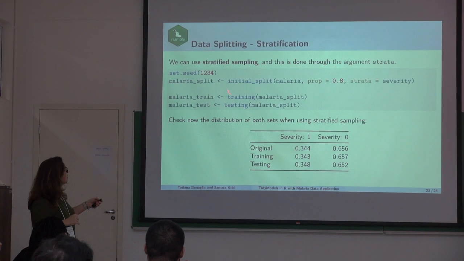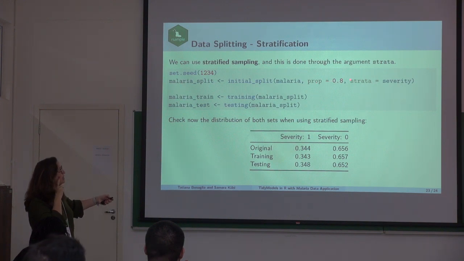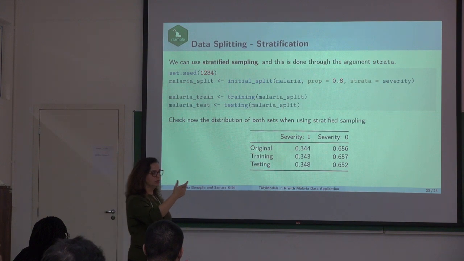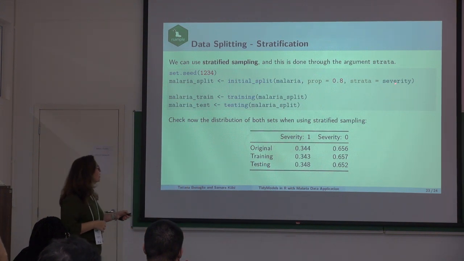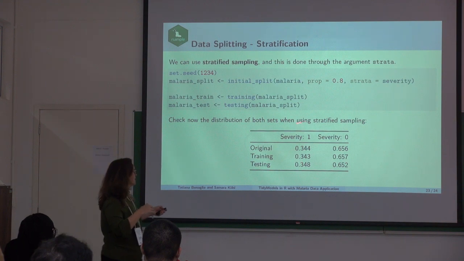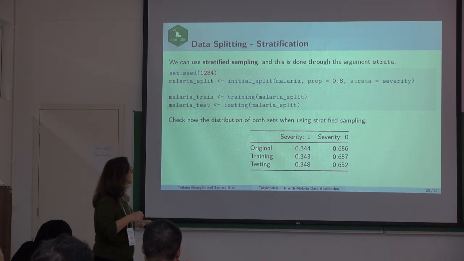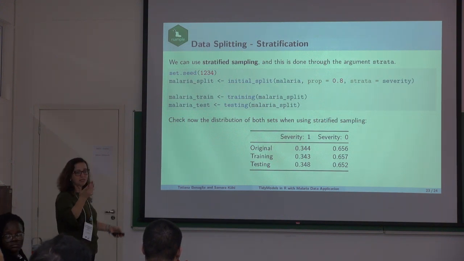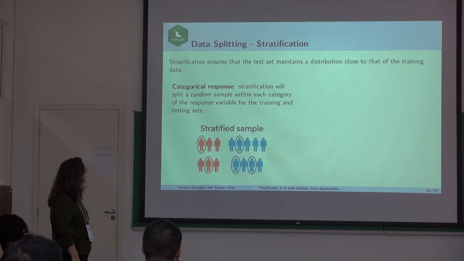So we say the proportion, and then which variable defines the strata, which in this case is severity. So now we have about 34-35% of severe cases everywhere, because the testing set should be representative of your whole data, the same as the training set.